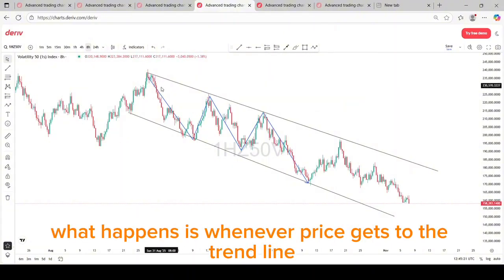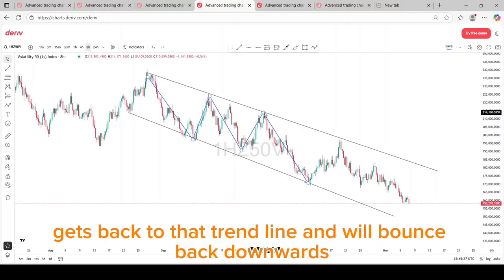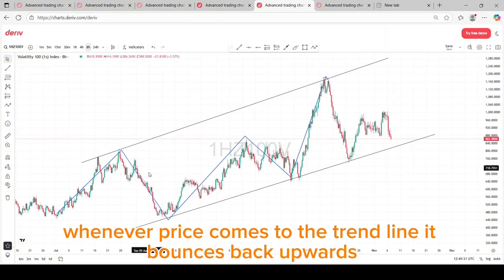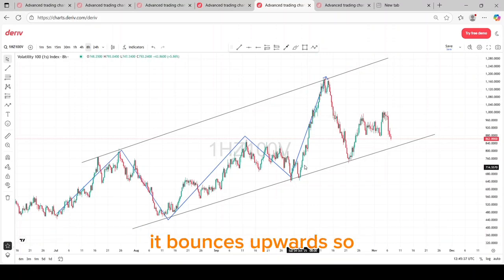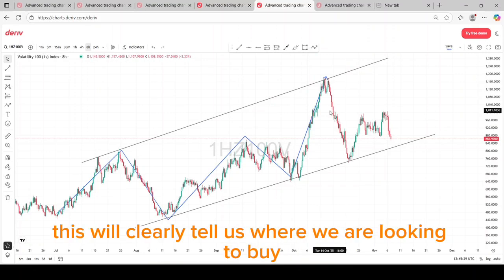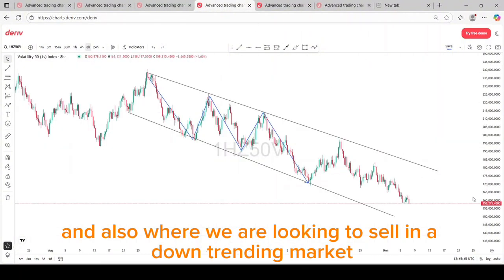Whenever price gets to the trend line in a downtrend, it usually bounces back downwards. In an uptrend, whenever price comes to the trend line, it bounces back upwards. So this clearly tells us where we are looking to buy in an uptrending market and where we are looking to sell in a downtrending market.